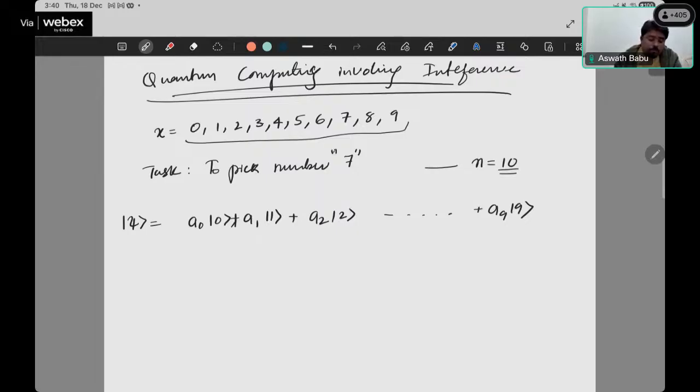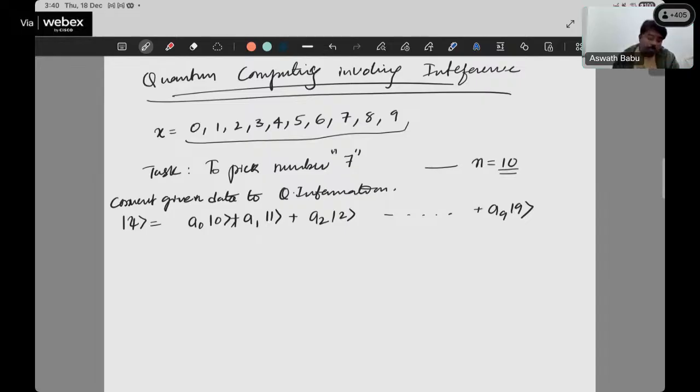So the given input information, I convert into quantum states, the given data to quantum information, that is superposition. Now I know 7 is lurking somewhere inside. Somehow I have to pick that using some quantum algorithm.